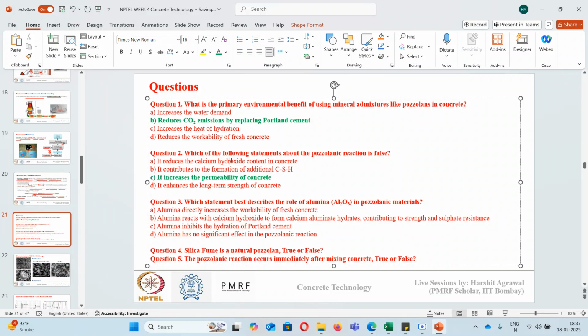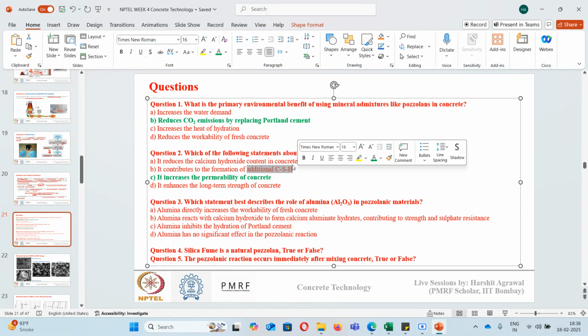See, CH is consumed, that we know, because the reactive silica from the pozzolanic material reacts with calcium hydroxide in the presence of water to form additional CSH. So these two points are happening. Does it increase the permeability of concrete? No. Why? Since additional CSH is forming, the pore space inside the concrete will densify.